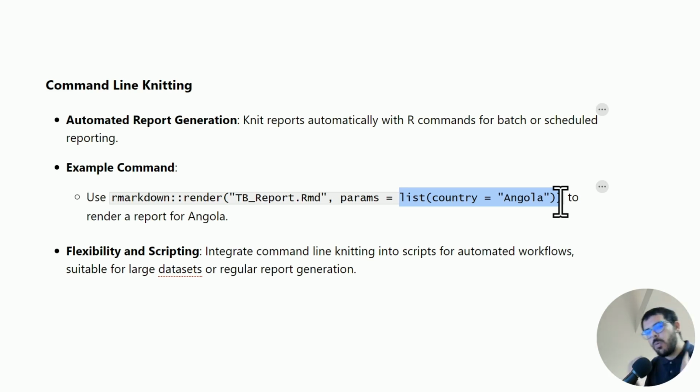Now, when we run the code, we will basically have a report that is generated as if we filtered all the data to be equal to Angola ourselves, but we basically specify one parameter in the YAML header, and that's all. The idea here is to leverage this and to automatize the workflow through various tools that we will see in a bit.